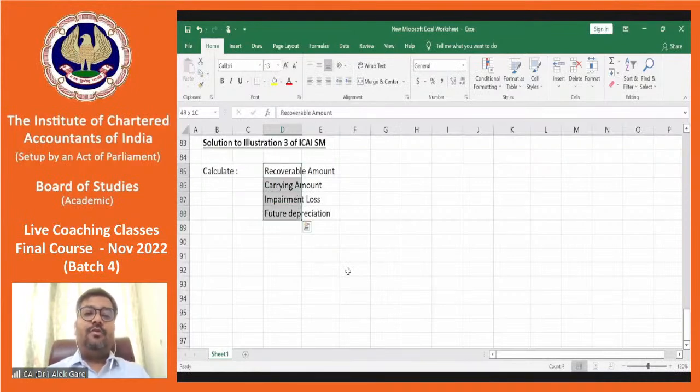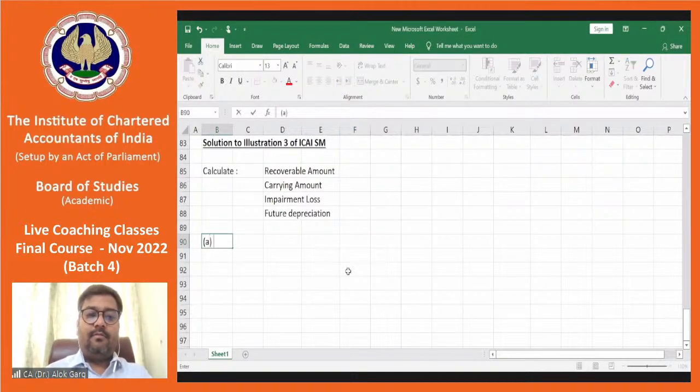So let's calculate one by one. Working number 1. I hope my Excel file is visible to everyone. Yeah, so working number 1: calculation of carrying amount.